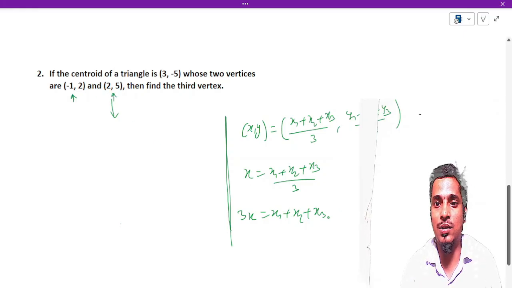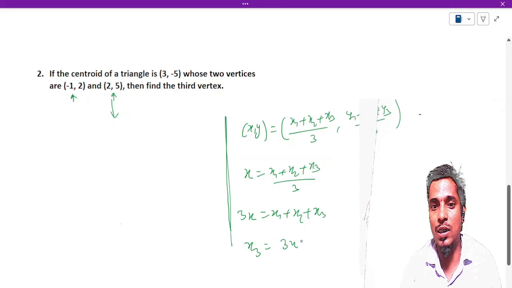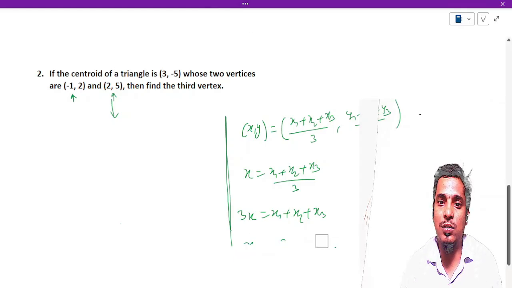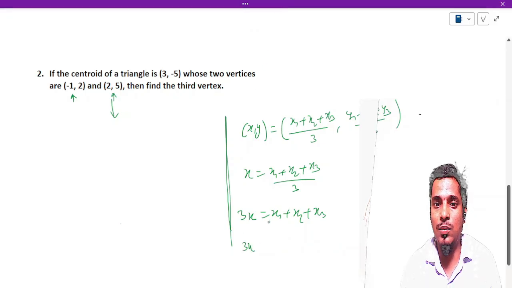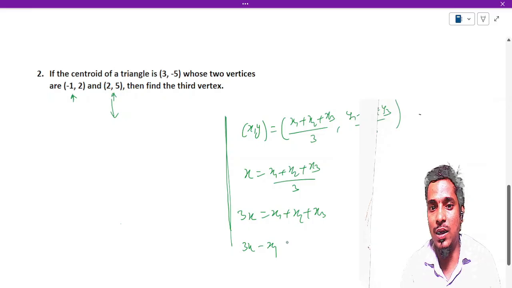We are interested in finding the third coordinate, so we can say that x3 is nothing but equal to 3x, and shifting this to the other side goes to minus x1 minus x2. What I'm trying to do over here is nothing but bringing this to the other side of the equal to symbol. So from right to left it is minus, right?